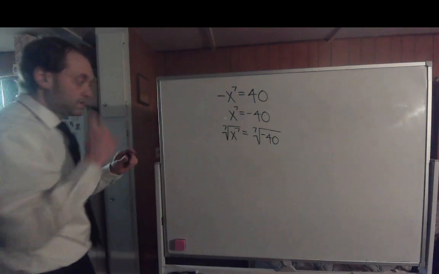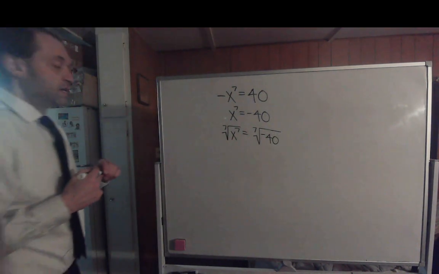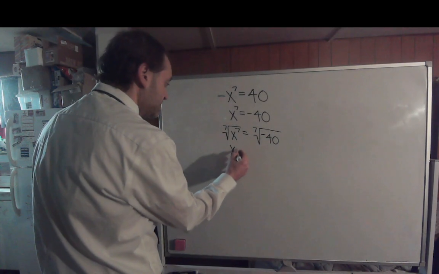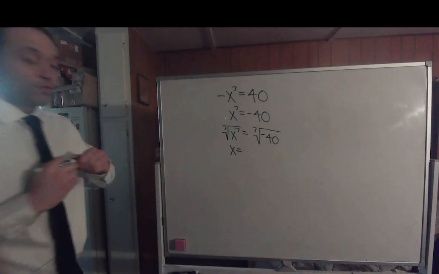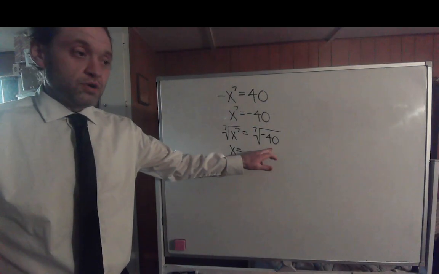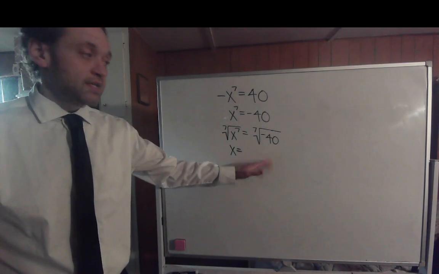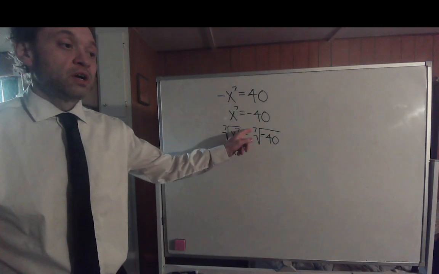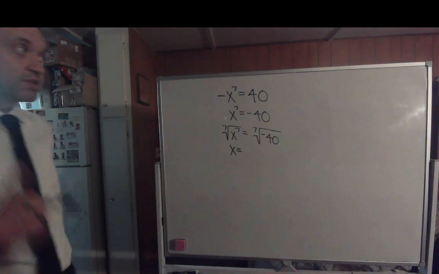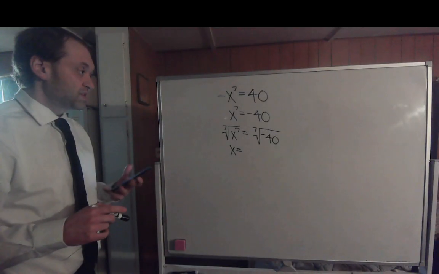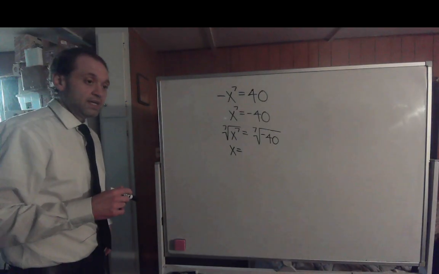All right, so the seventh root of x to the seventh is just x. Now, on the right-hand side, any real number under the radical that has an odd root will have exactly one real solution. So let's find out what the seventh root of negative 40 is.